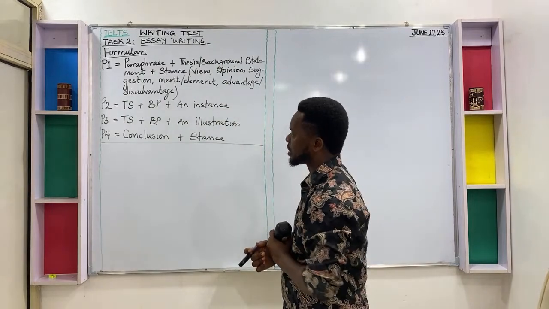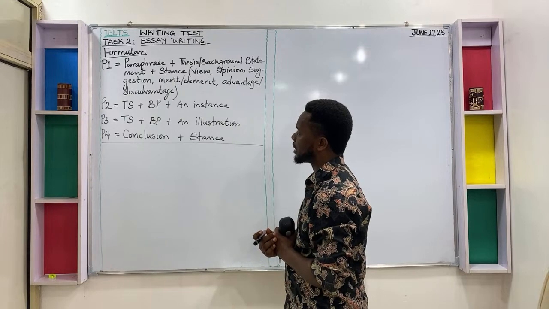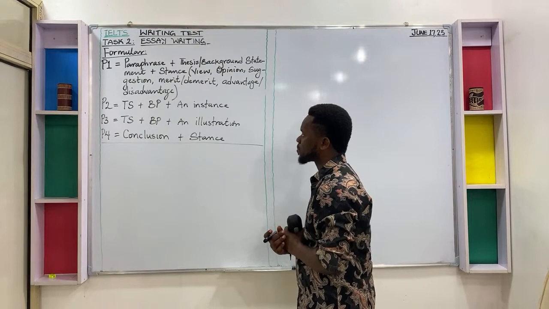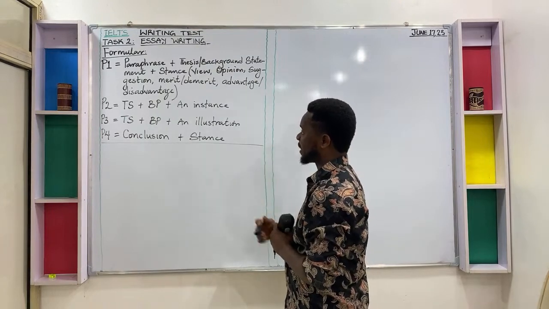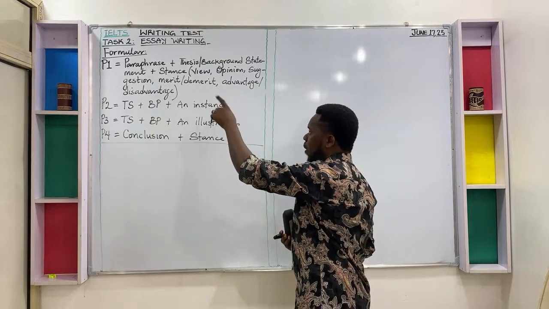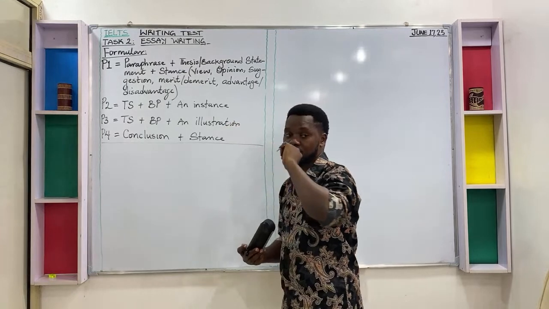Now, on the day of your exam, if you are given your question booklet and an answer paper, and you are advised or instructed to begin, the first thing you are meant to do would be to copy the question that is on your question paper onto your answer sheet.